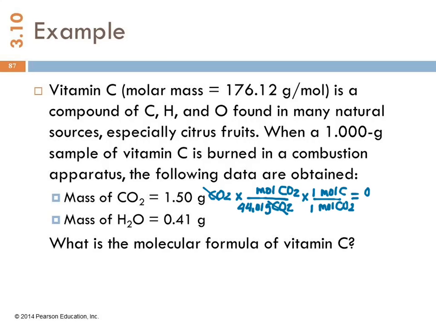And so this is 0.03483 moles of carbon. How do I find the grams of carbon from that? I'll multiply by 12.01, and so that is 0.40934 grams of carbon.